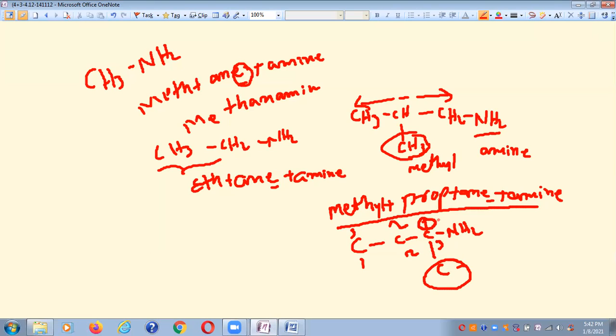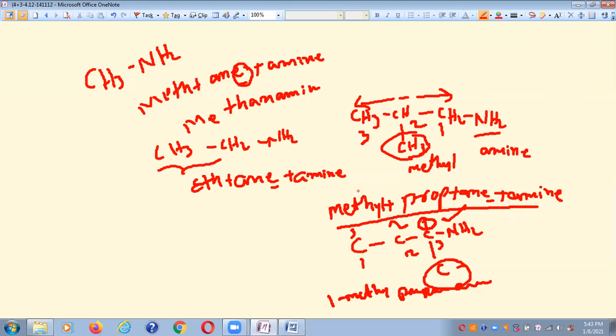So the first will be the correct one. We can write 1-methyl, remaining is the same, propylamine. In this case, the numbering should start from here: this is 1, this is 2, and this is 3.